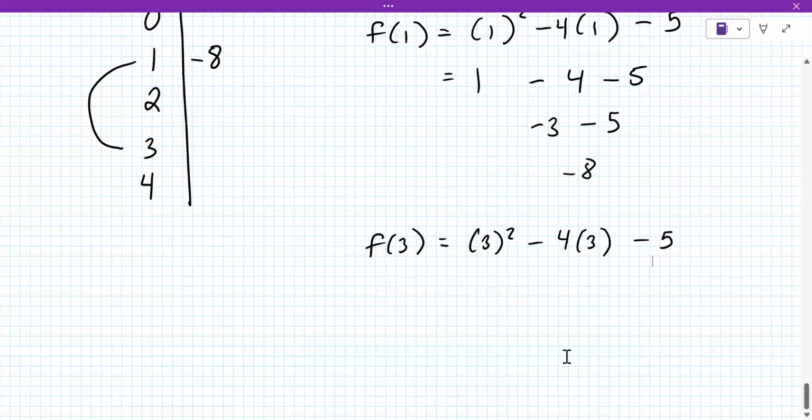Okay, let me check here. That sounds pretty good. 9 minus 12 minus 5. 9 minus 12 is minus 3. Minus 5 is minus 8.